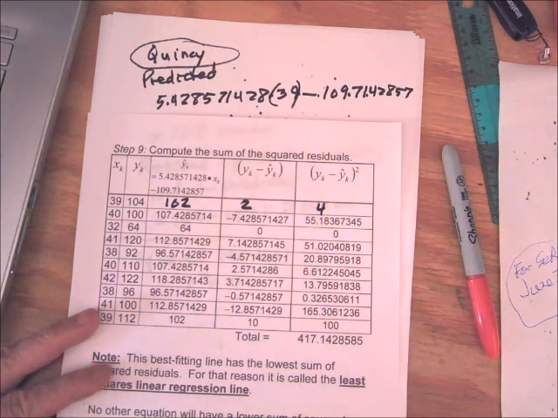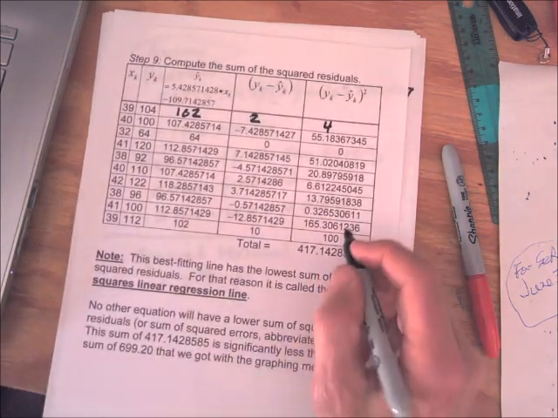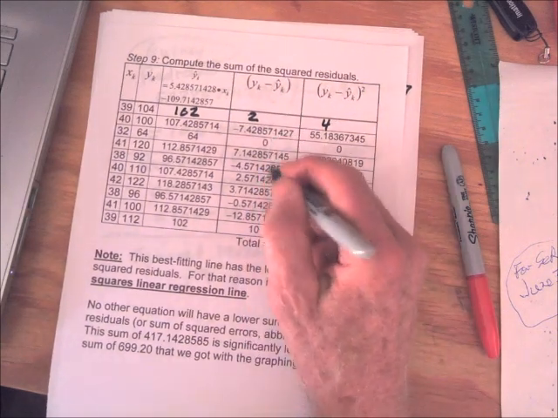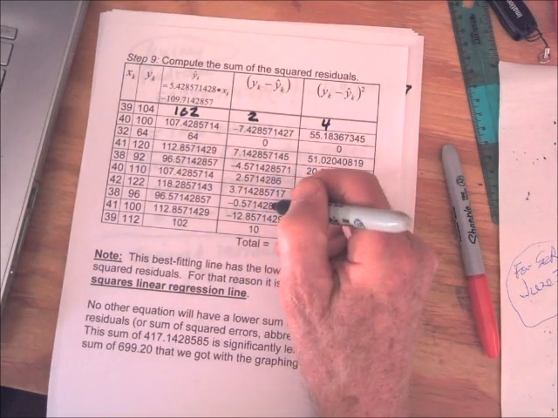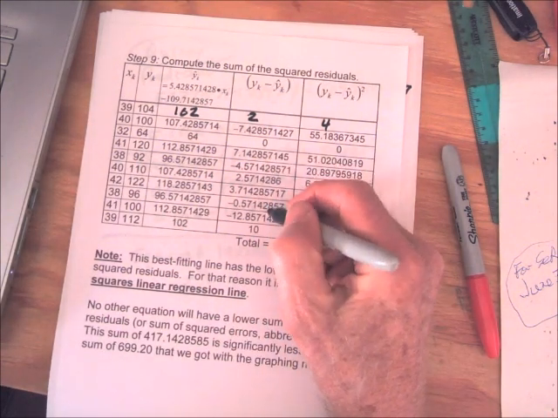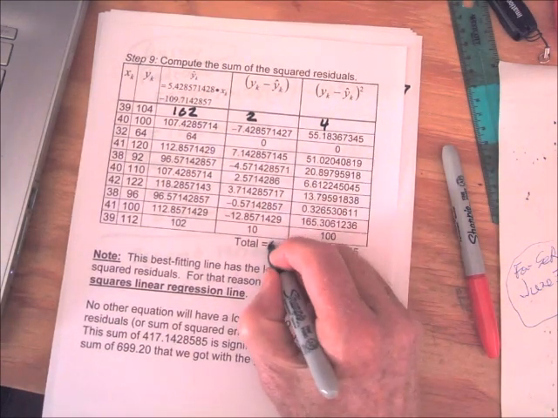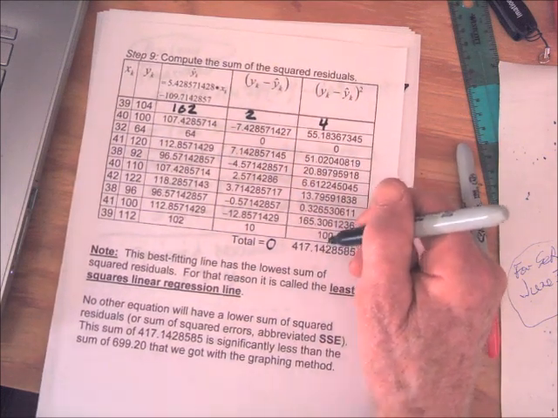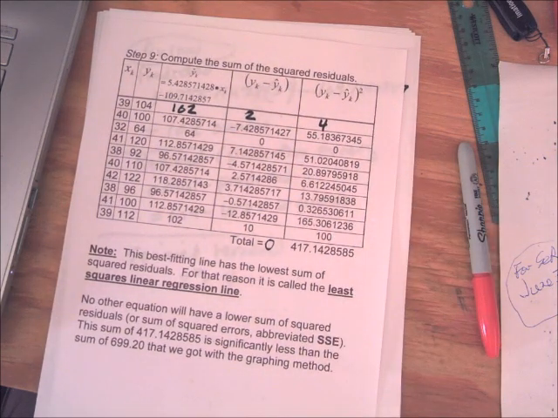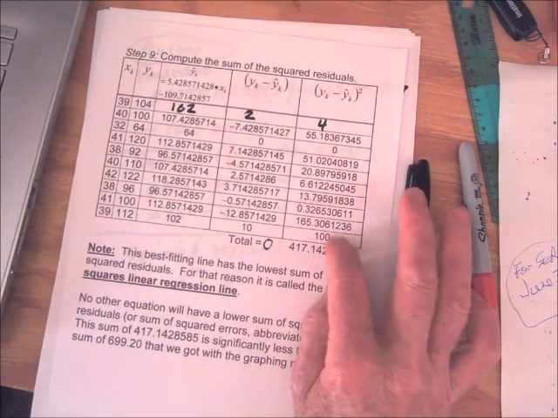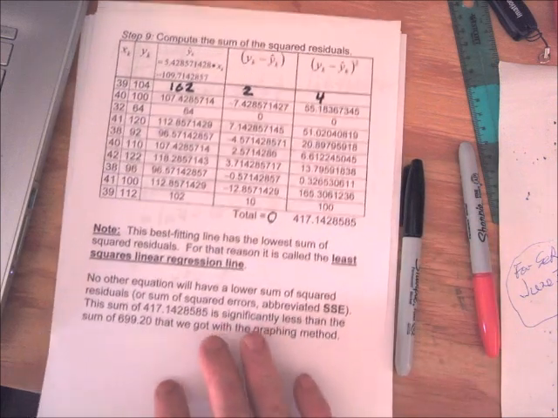If we do that for each baby and add up the columns, the middle column total should be 0 or close to 0. There might be a little bit off because of rounding. And then the last column tells us how accurate our predictions are.